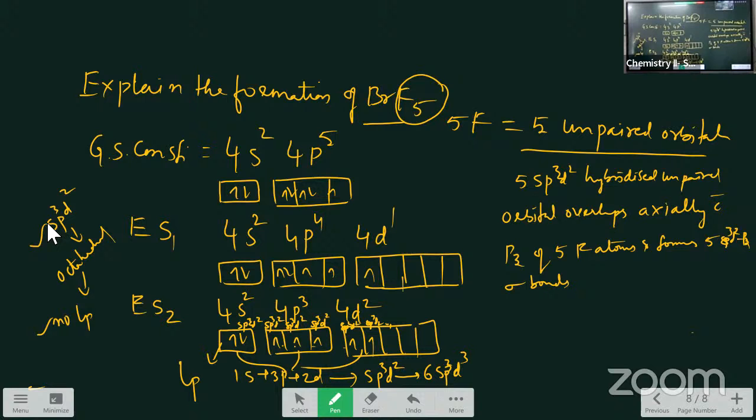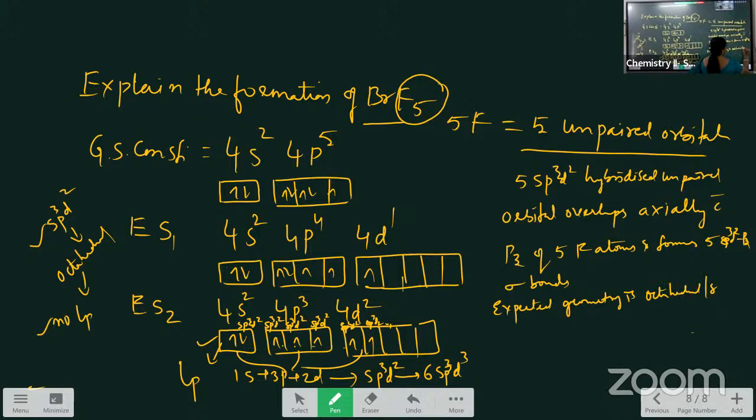Okay. Now, लेकिन यहाँ पे एक lone pair of electron है, no doubt. एक कंडीशन तो सेटिस्फाई हो गया कि अनपेयर्ड ऑर्बिटल्स है, लेकिन यहाँ पे एक लोन पेयर इलेक्ट्रॉन है. So expected geometry, मतलब shape, expected geometry is octahedral.